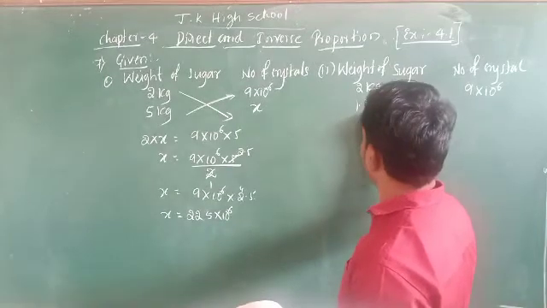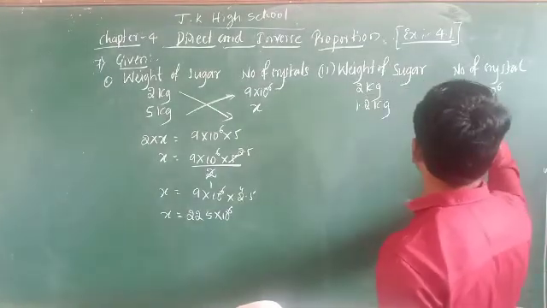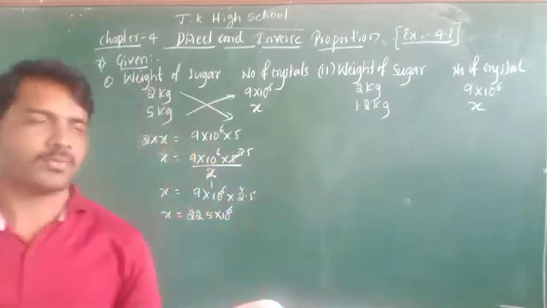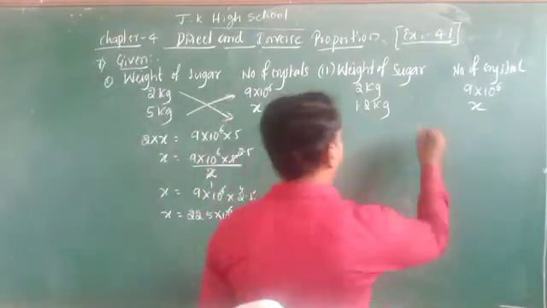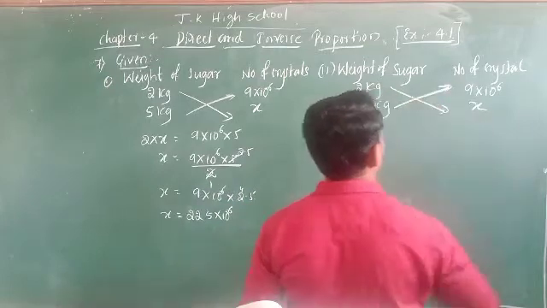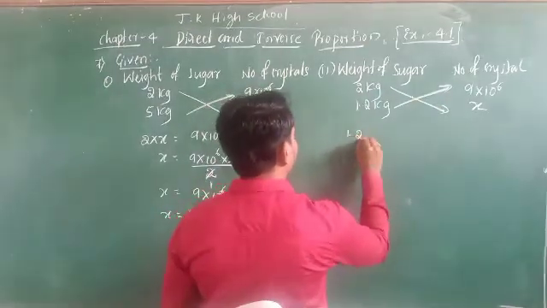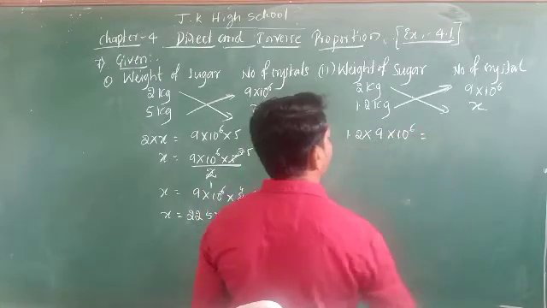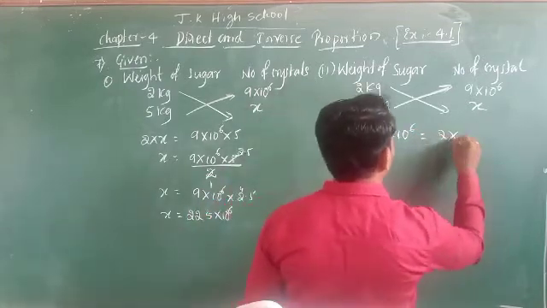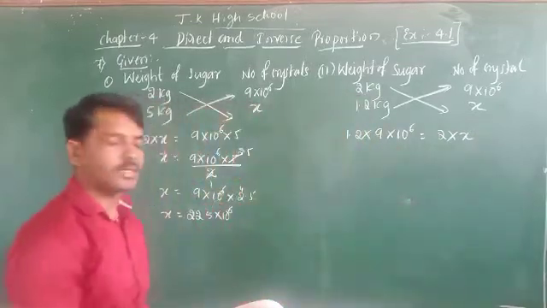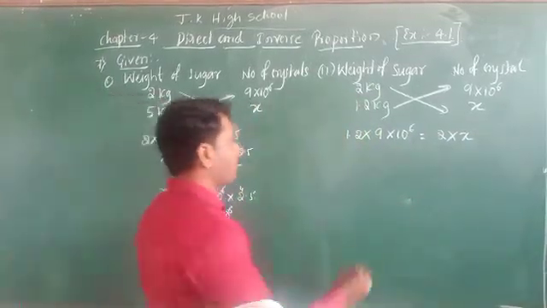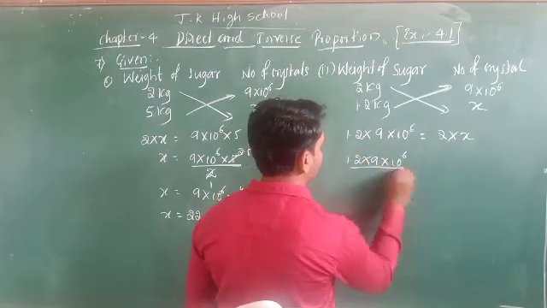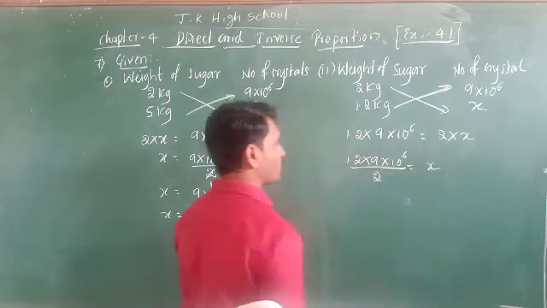Suppose the sugar is 1.2 kg, what is the number of crystals? Again do the cross multiplication. 1.2 into 9 into 10 to the power 6 is equal to 2 into x. Correct children? Next, 1.2 into 9 into 10 to the power 6 whole divided by 2 is equal to x.